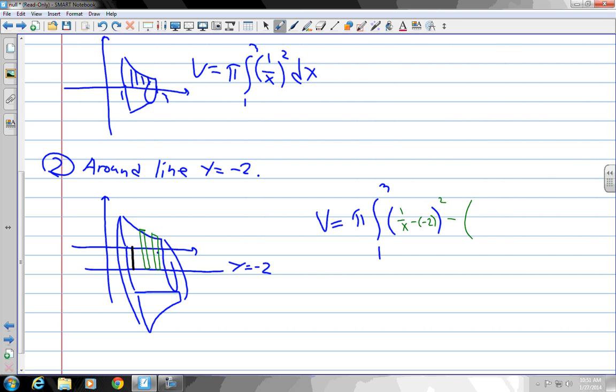Minus this, which is just -2 or 2, but you're going to square it anyway, so that doesn't matter, right? Yeah, so that's 2 squared. So that's the integral of (1 over x plus 2) squared minus 4 dx.